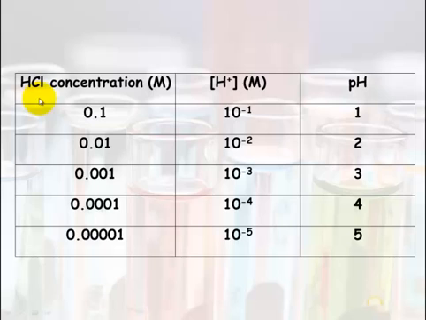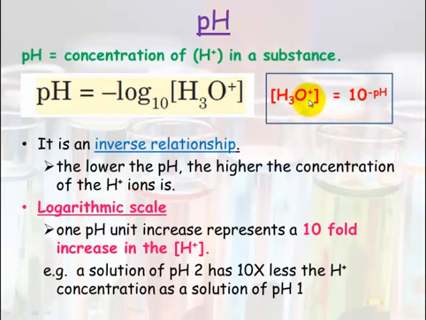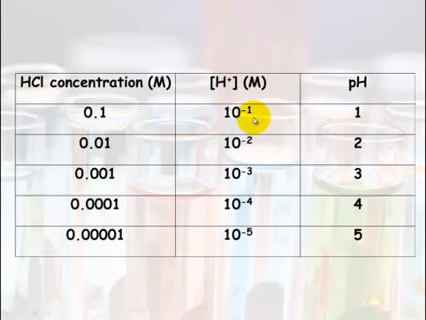So here I've got a concentration of hydrochloric acid, and my concentration is 0.1 molar. So when I work out the concentration, it's 10 to the negative 1. So using the formula above, where concentration of hydronium equals 10 to the negative pH, if it's 10 to the negative 1, it's got a pH of 1.